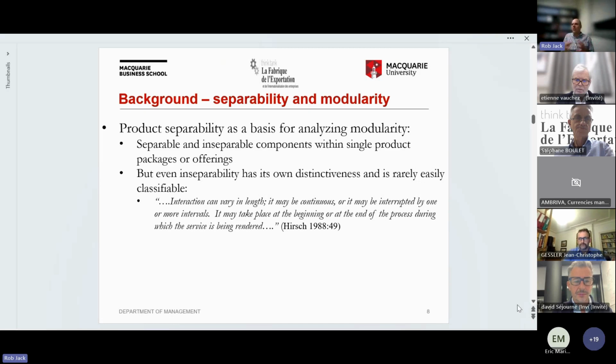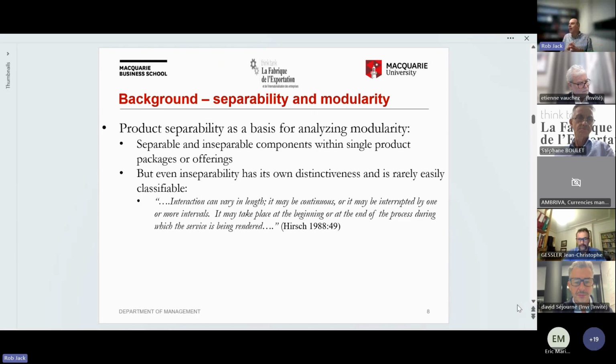Where you have a service or a product that is separable, it can be produced separate from the client. A manufactured good is largely like that, and certain service products, such as online education as a very simple example, can also be done like that. But also, the nature of services is that they're largely inseparable. They're interactive. You have to interact with the client.